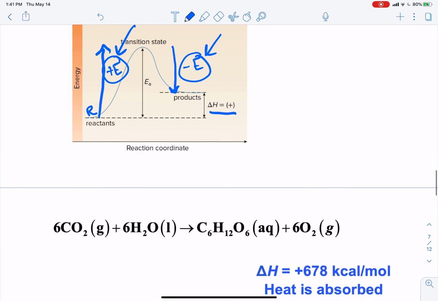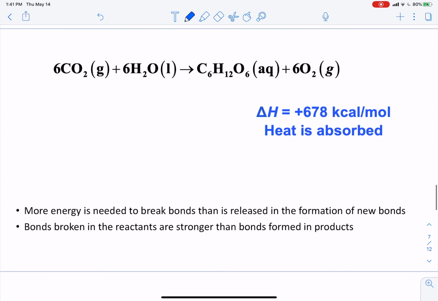For our endothermic reactions, what we're going to do is we're going to have to add heat. There's a net input of heat into the reaction in order for it to happen. And an example of this for you guys is the making of glucose. So what we have is we have 6 CO2 molecules. So we have 12 carbon-oxygen double bonds to break.